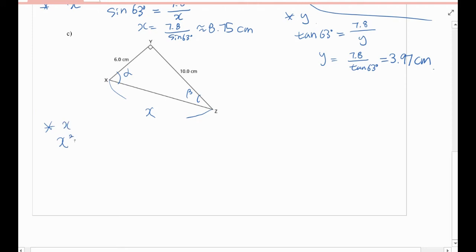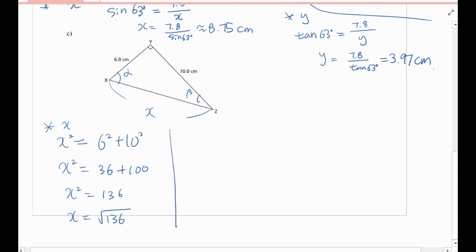X squared equals 6 squared plus 10 squared. Then x squared is 36 plus 100, so x squared is 136 and x is the square root of 136.